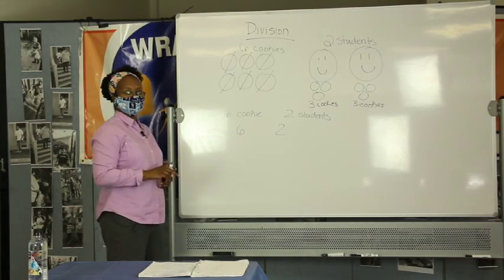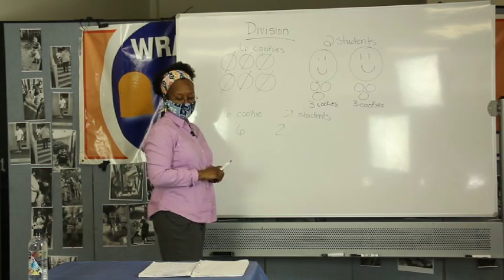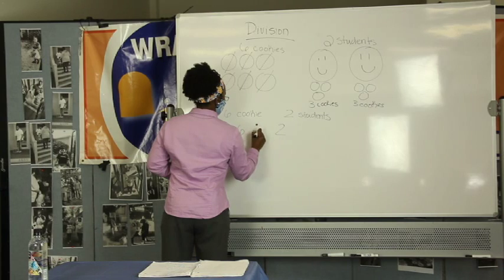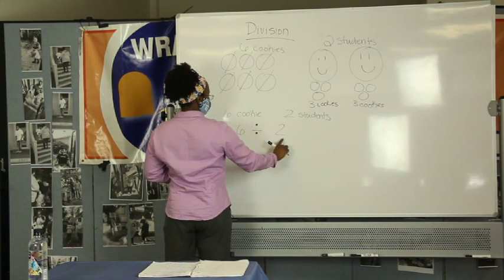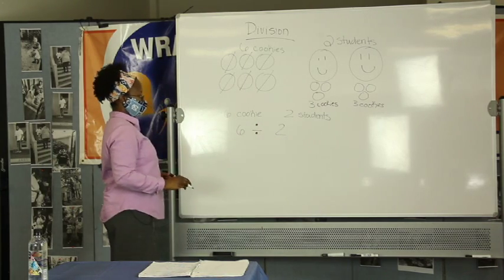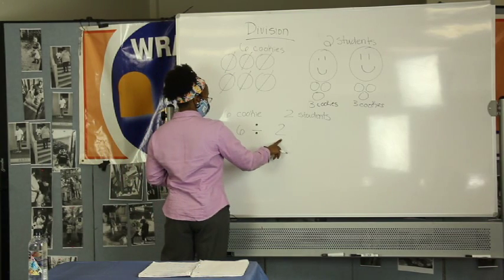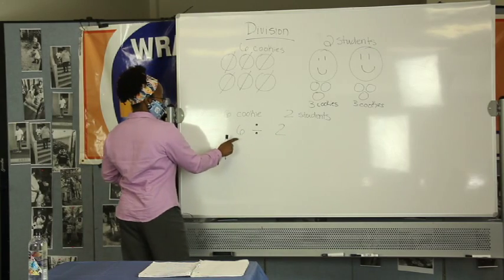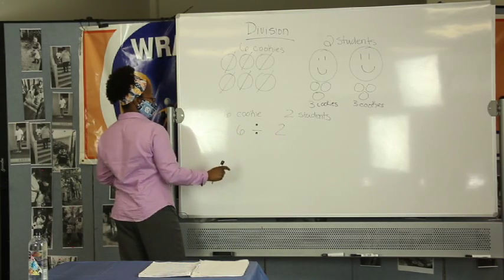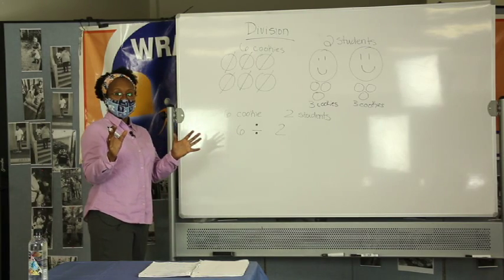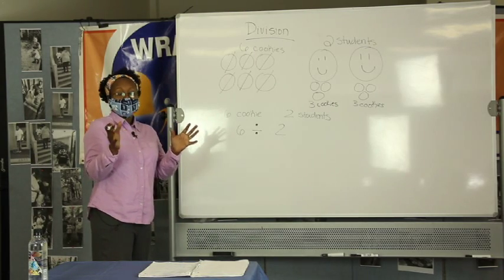Now here is where your multiplication facts come into play. You're dividing 6 cookies by 2 students. Now, there's a math fact with this 2 that ends up being 6. So I like to flip it around because division is the opposite of multiplication.